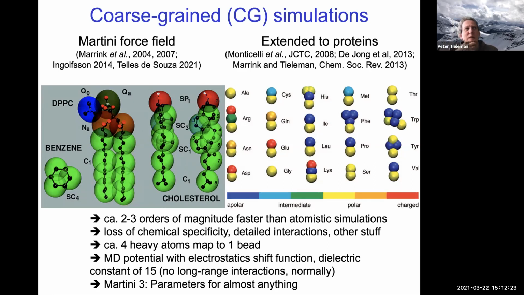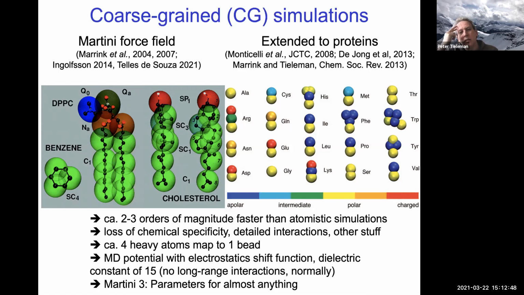And in particular, lipids have been, I think, a success story with Martini. So on the left is a figure from the original Martini paper introducing the mapping for phospholipids and cholesterol. On the right is a figure from Luca Monticelli's paper, who made the first protein model when he was in my group, collaborating with people in Groningen and in Michigan on mapping Martini to amino acids.